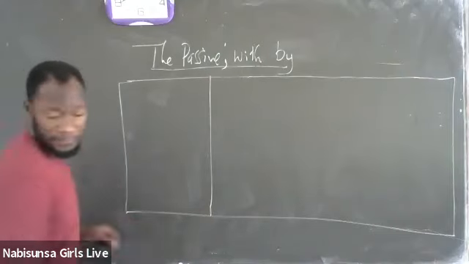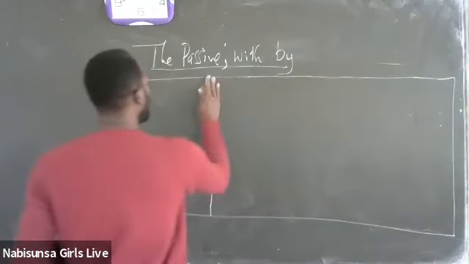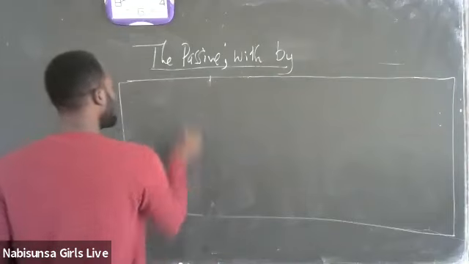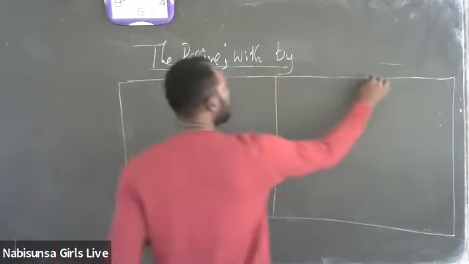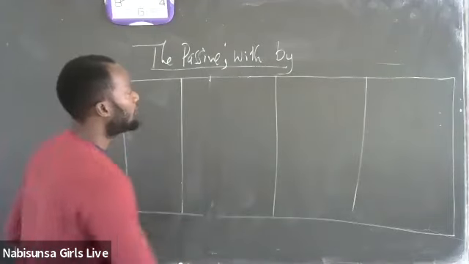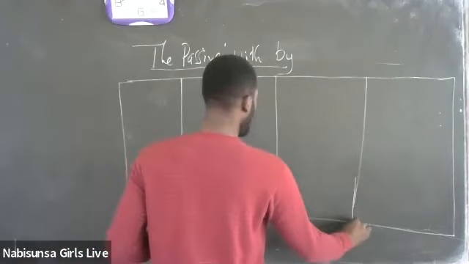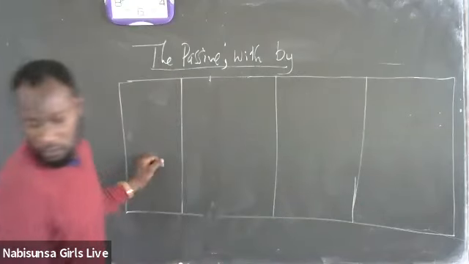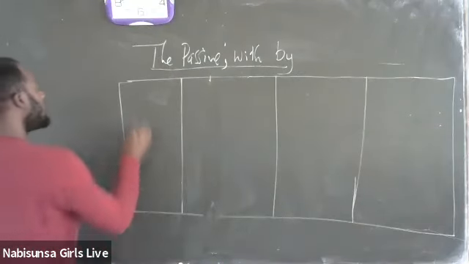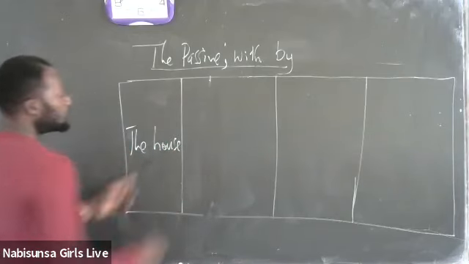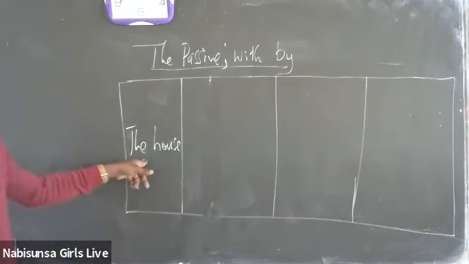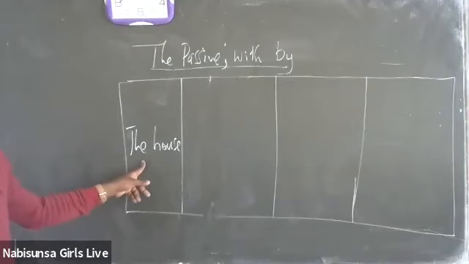So we have that first column, the second column, and the third column. 1, 2, 3, and 4. So we have 4 columns there. The first one, let's put the house. So this one is the subject, the house, all right?